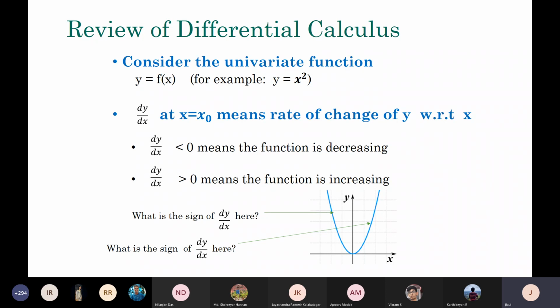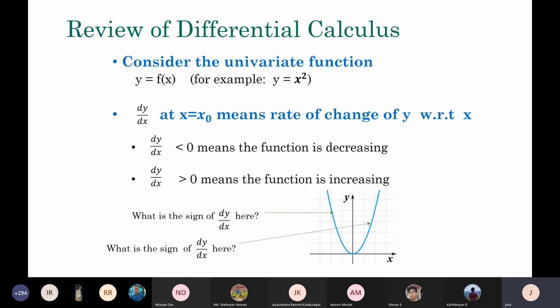For a univariate function, if you want to find the maximum or minimum value, you compute the derivative at a particular point and look at the sign of this derivative. If it is negative, the function is decreasing. If it is positive, it is increasing.